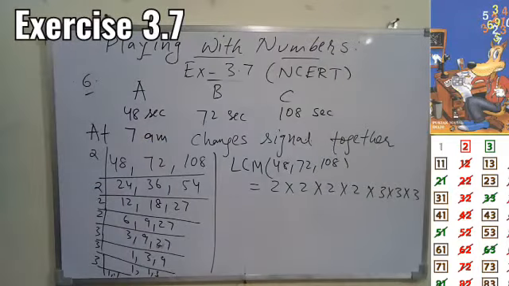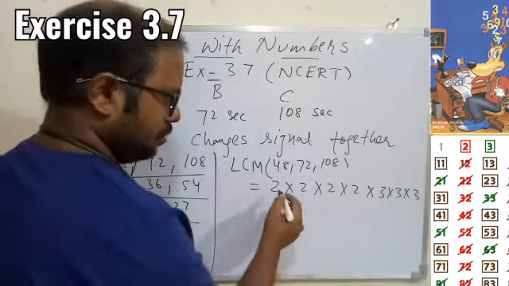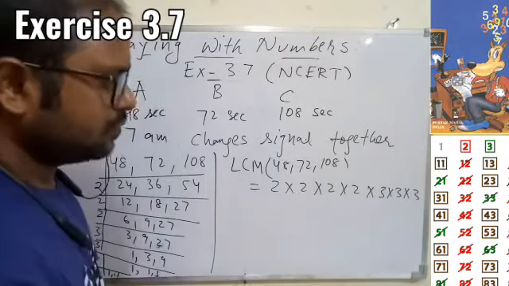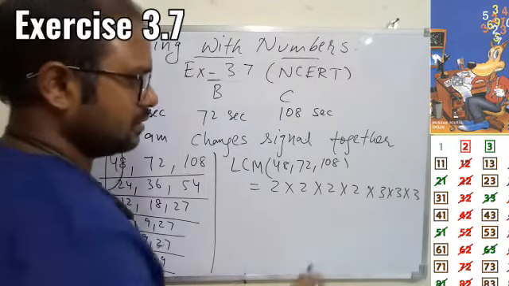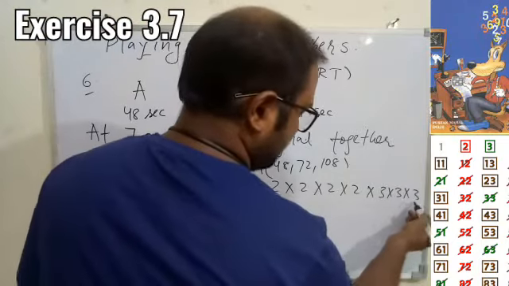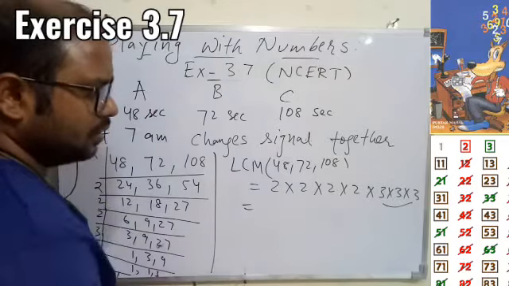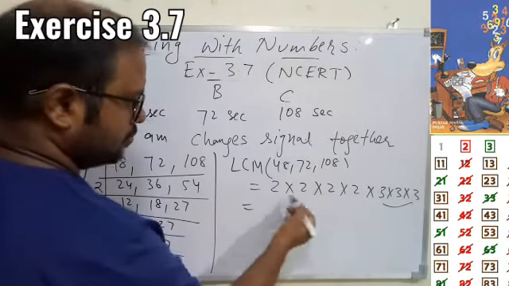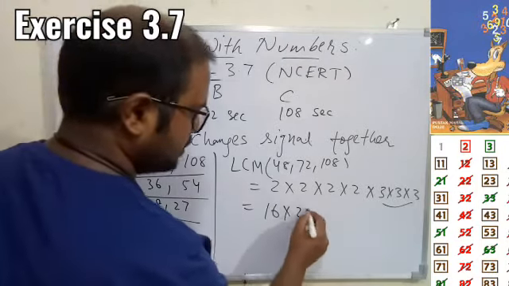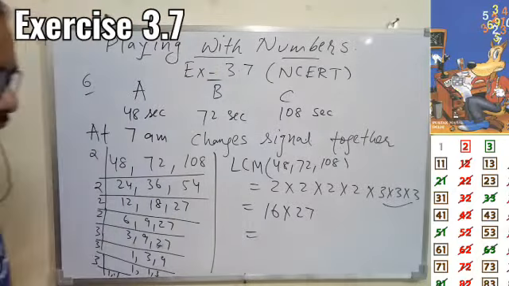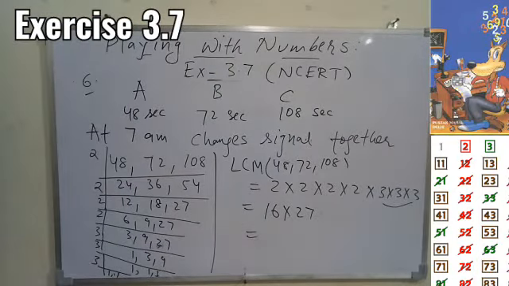So let's multiply in a proper way. We are getting 16 into 27.